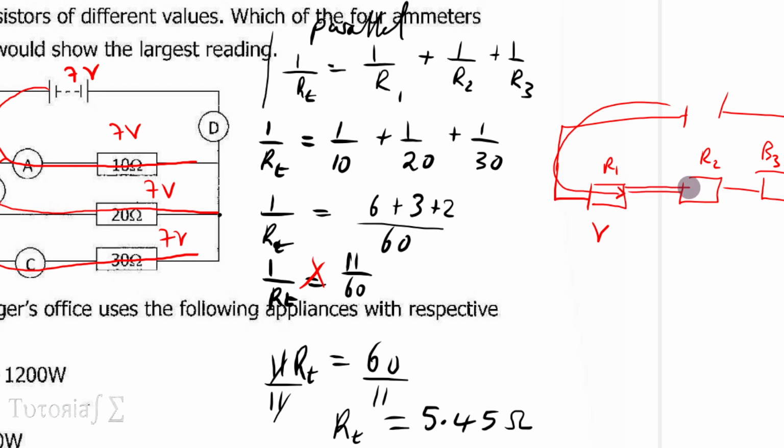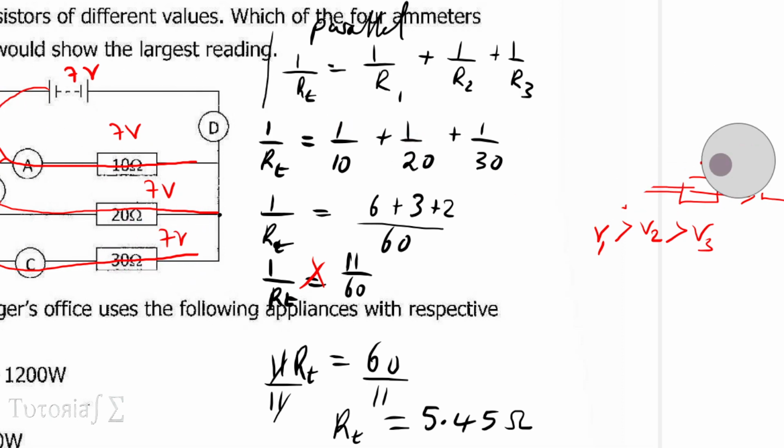When it goes through another resistor, it decreases, becomes less. When it goes through another one, it decreases again. We'll look at this later, but for now what we need to know is that the voltage across this resistor is the same as the voltage across that resistor and the same as the voltage across the other one, and we can use Ohm's law to find the current.